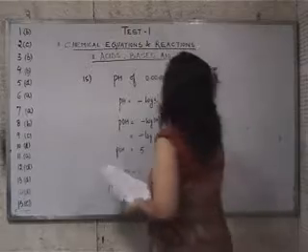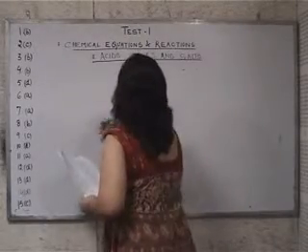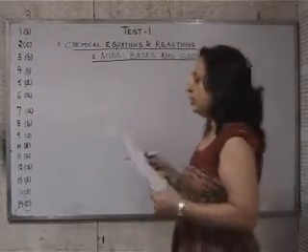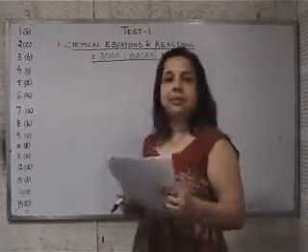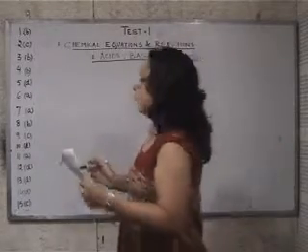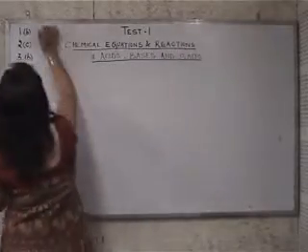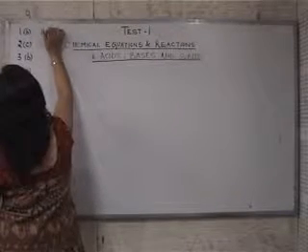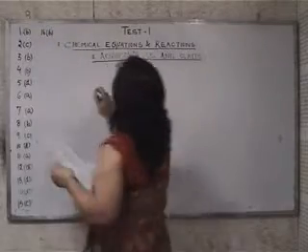Question number 16. Which law is being obeyed when you balance a chemical equation? During balancing of chemical equation, we use a law called law of conservation of mass. 16th question, option is B, beta.